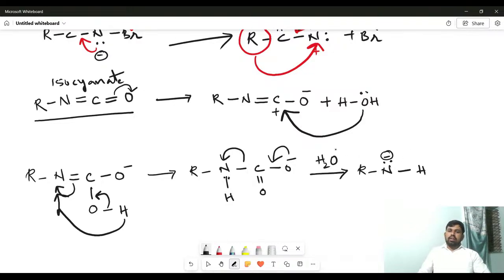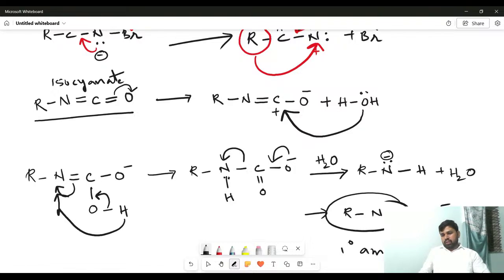It will attack the hydrogen actually. So after addition of water, it forms RNH2. So this is how we got the primary amine. Primary amine we got.